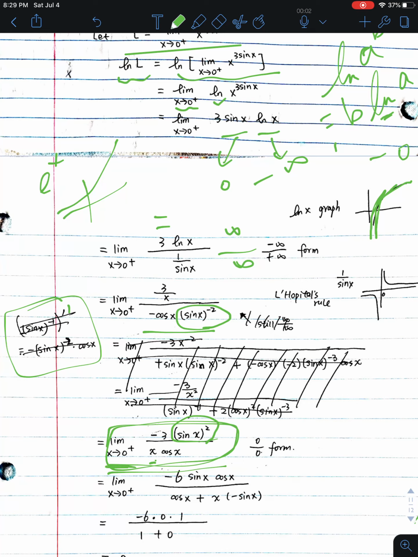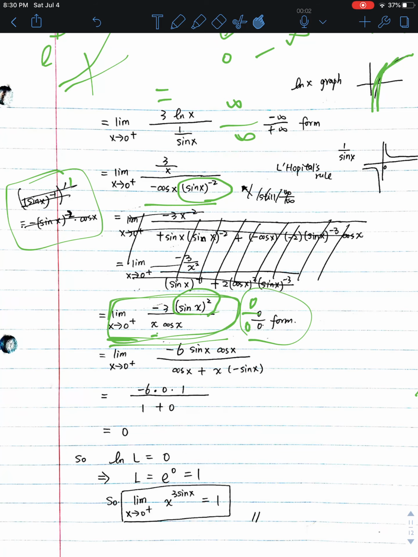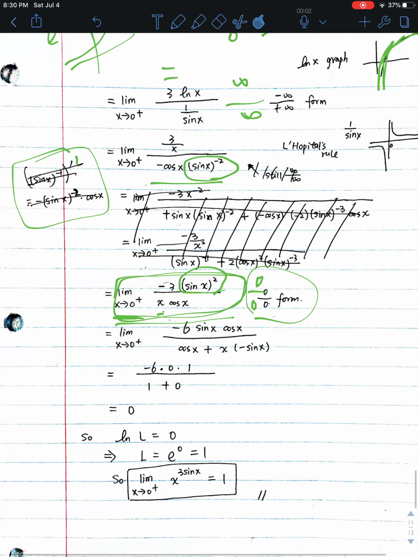Then let's take the limit as x goes to 0. Sine x becomes 0. And the denominator, 0 times 1, becomes 0. So it's 0 over 0 form. So let's apply L'Hopital's rule again. After applying L'Hopital's rule again, we take the limit as x goes to 0.